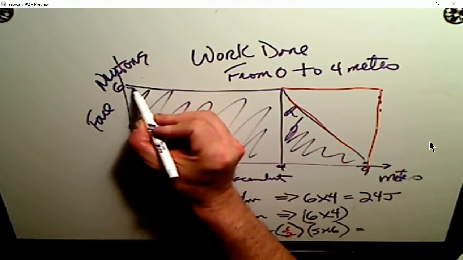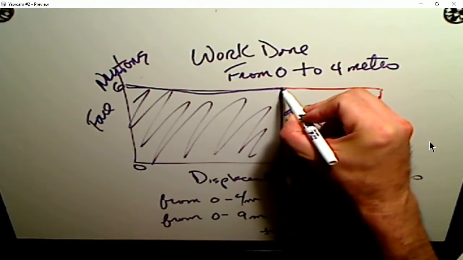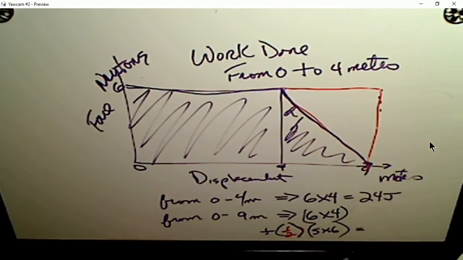So if I'm going here for 4 meters at 6 newtons, then I drop down at a steady rate for the last 5 meters. I add both of these up, and you can do that yourself.